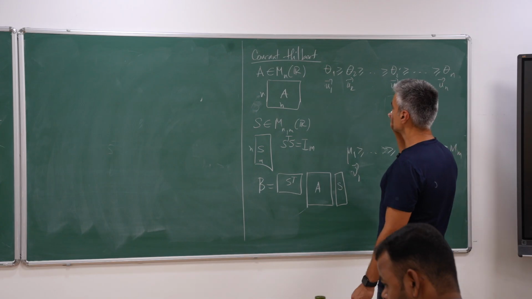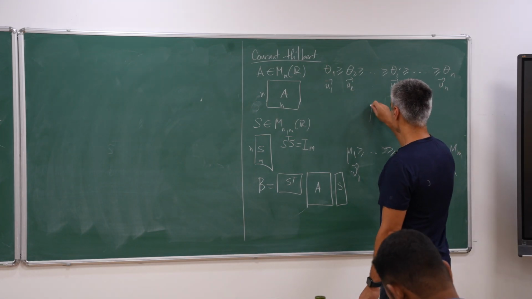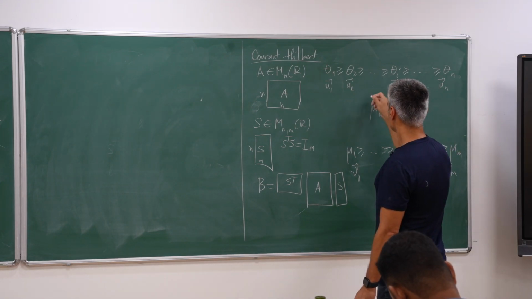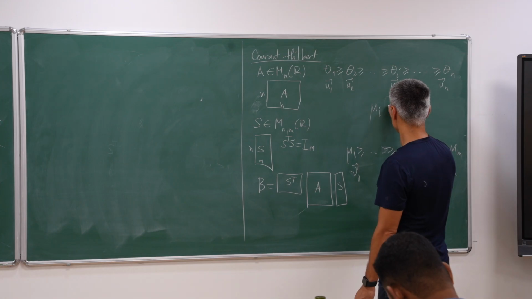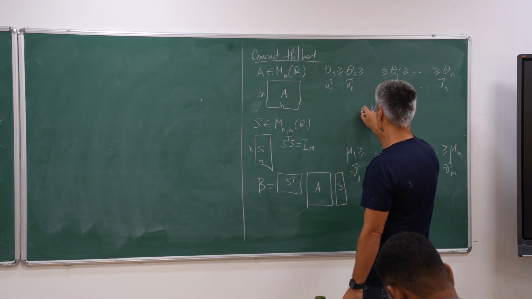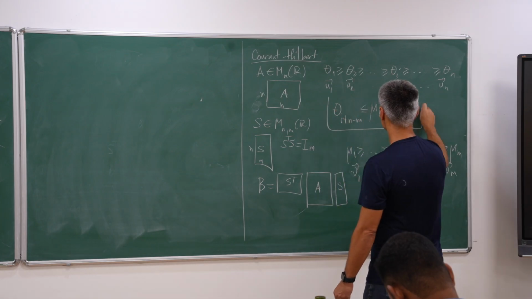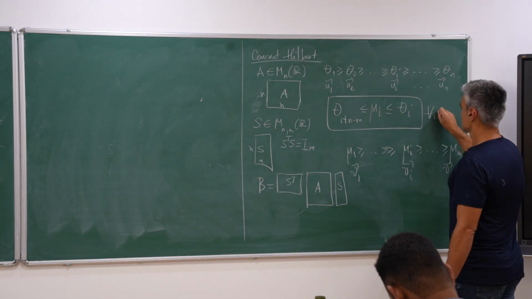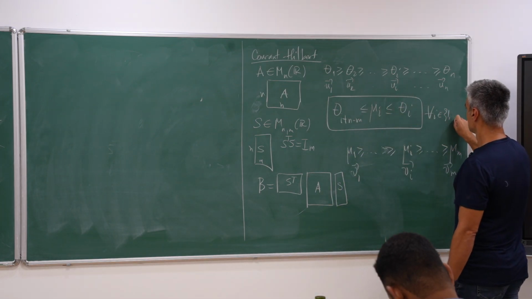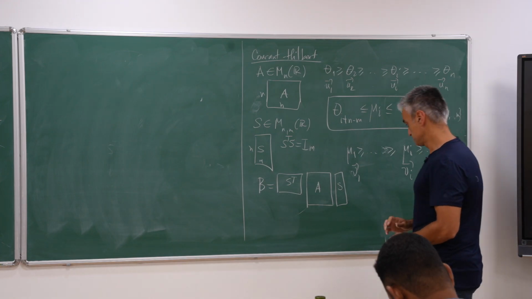And the main result here is again that mu_i is less than or equal to theta_i, and greater than or equal to theta_{i+n-m}, for any i.